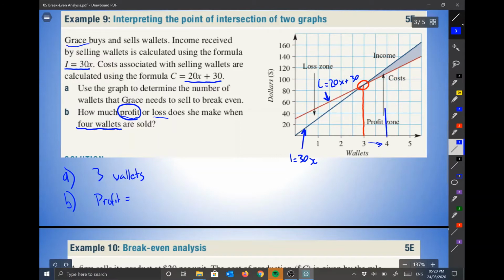At 4 wallets, it looks like income is $120. And it looks like costs are about $110. So that means her profit at 4 wallets is $10.